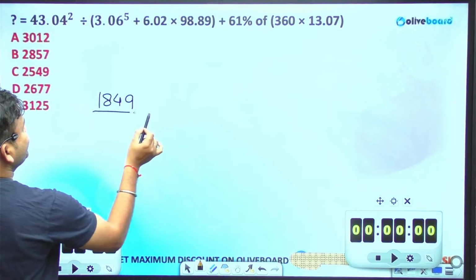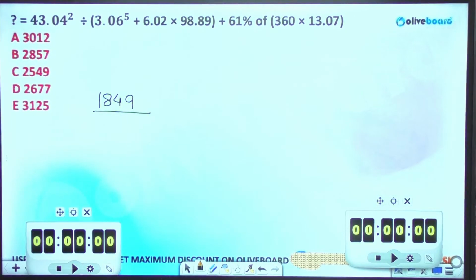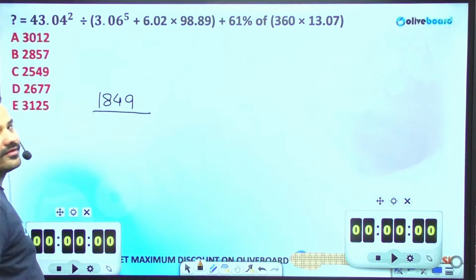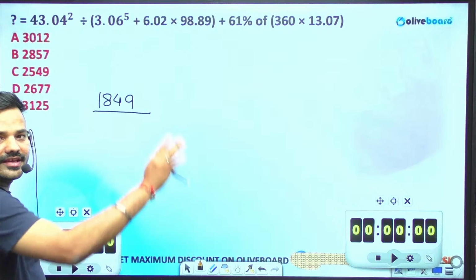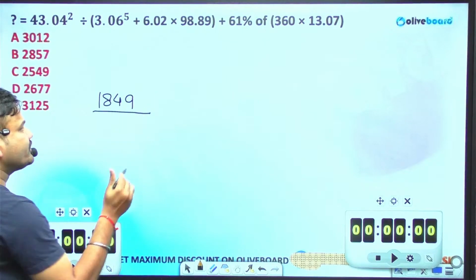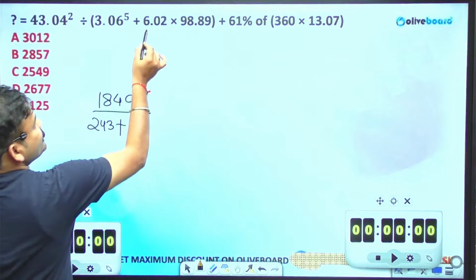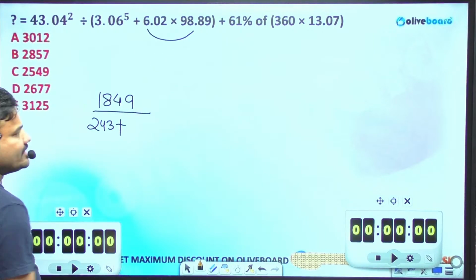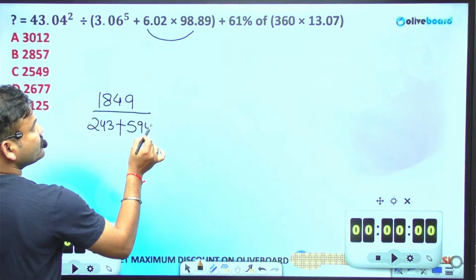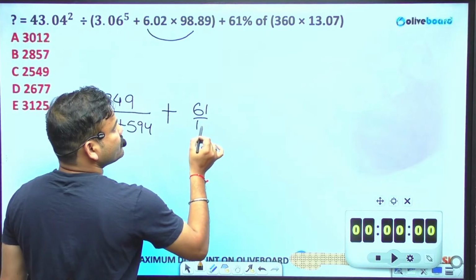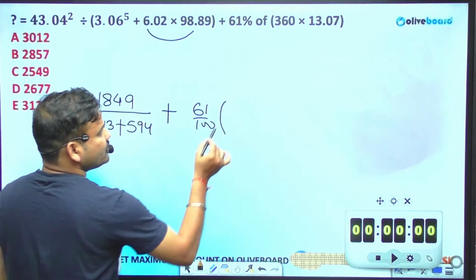Now we have divided by this. What about this? 3 to the power 5. Say 3.06 means 3 to the power 5. 3 to the power 5 will be what? 3, 9, 27, 81, 243. So this is 243 plus 6 into almost 99, that is equal to 594, plus 61% of 360 into 13.